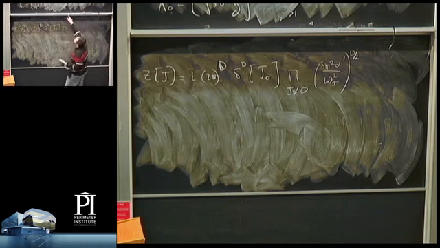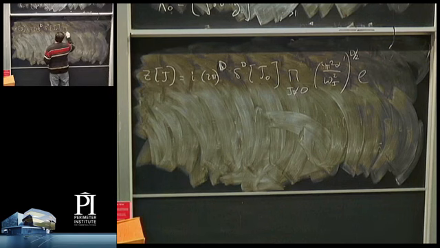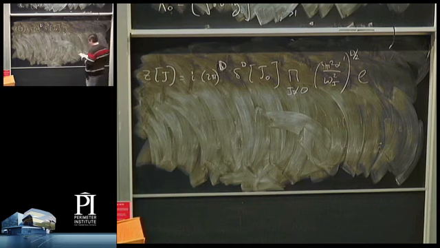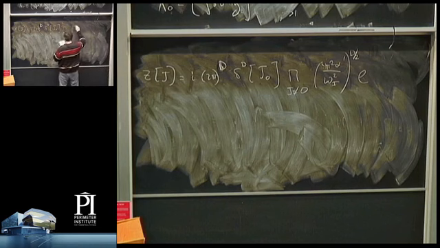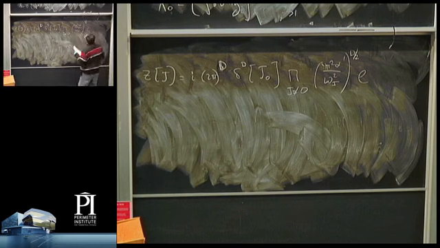All the other integrals are just Gaussian integrals, so I can evaluate them. So now I have a product over all i except for the zero mode, and then I will have 4π²α′ over ω_i² to the power D over 2.